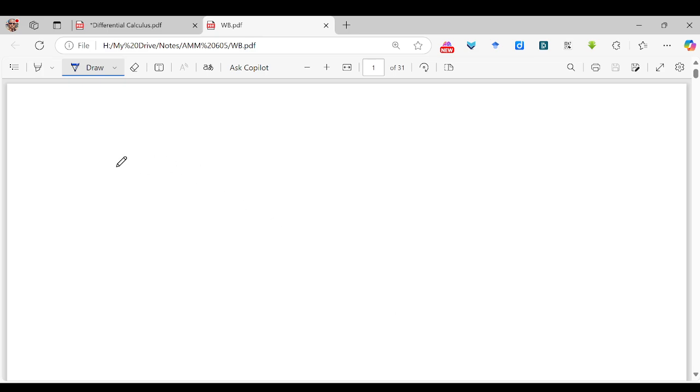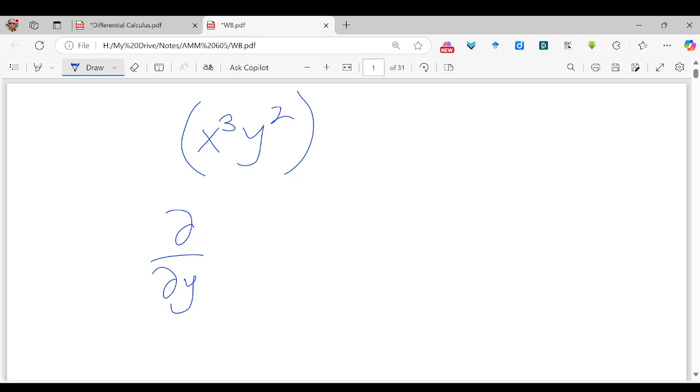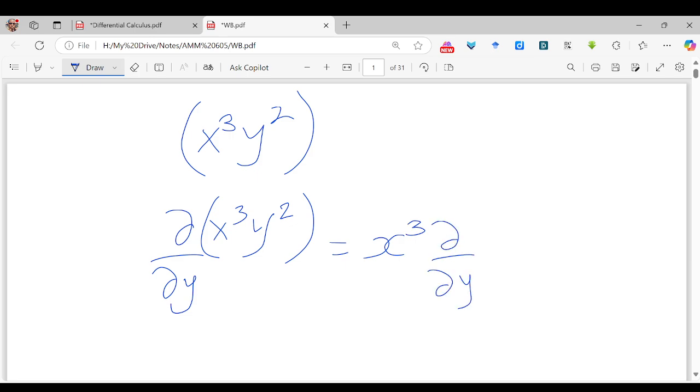So when we take the first term, for example, which was x cubed y squared, and we want to differentiate this partially with respect to y, then because x is to be treated as a constant, we push it forward, x cubed, then we write the partial derivative with respect to y of y squared.